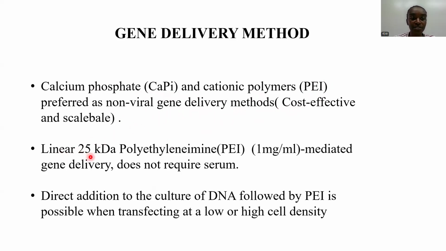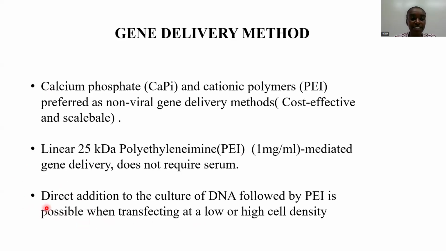So the linear 25 kilodalton polyethylenimine is used at 1 milligram per ml concentration, and it has the greatest advantage as one can use it without requiring addition of serum, in comparison to calcium phosphate that requires addition of serum prior to transfection.